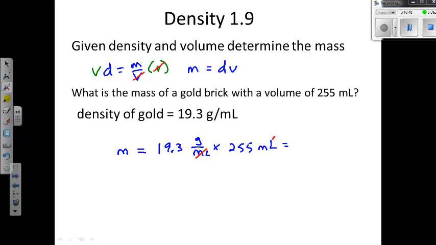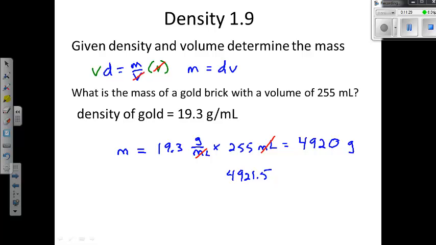I just get a chance to use a red marker, which is really cool. And 19.3 times 255 is equal to, the number I get from my calculator is 4921.5. I think about significant figures now. 3 significant figures in 19.3, 3 significant figures in 255. So my number of significant figures here is going to be 4920 grams.